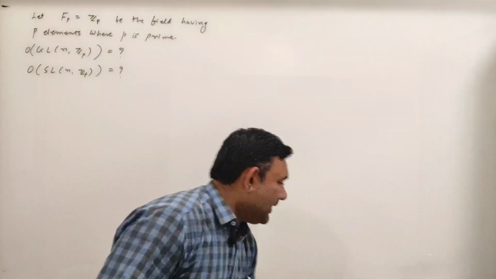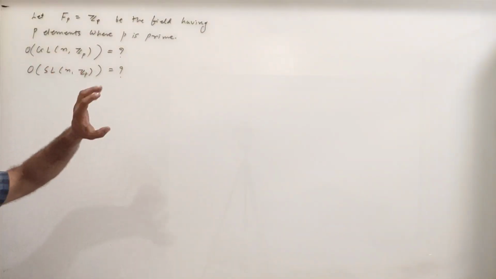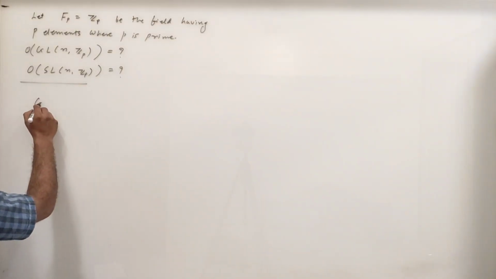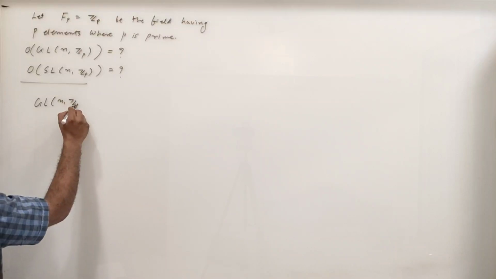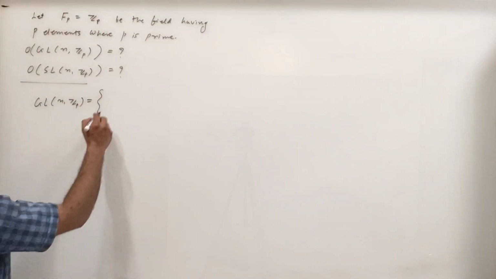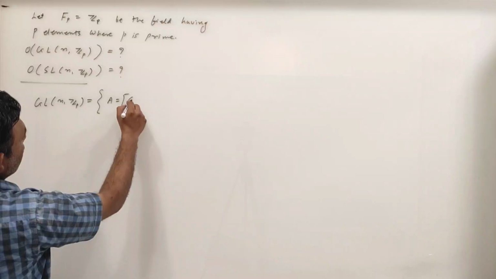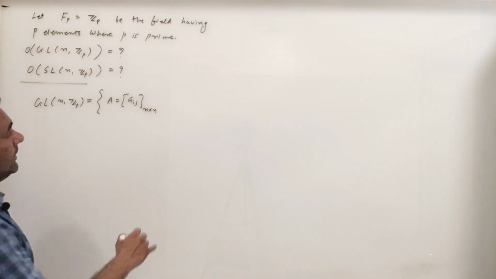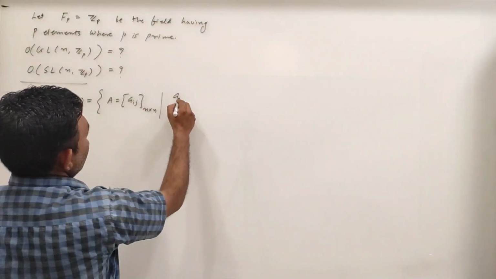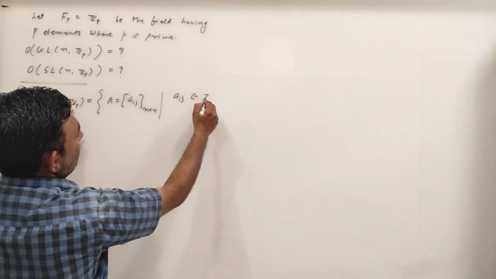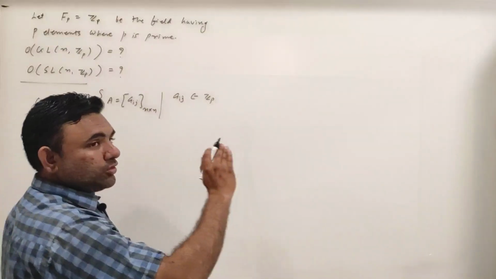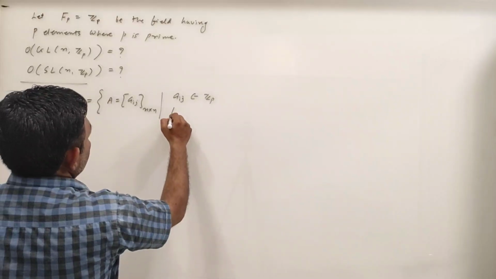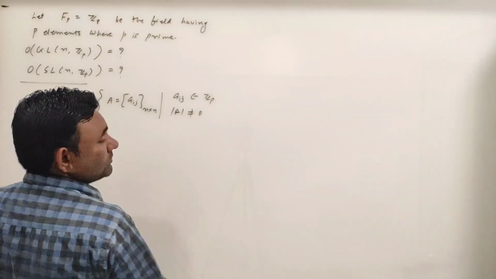Okay. So before going into that, let us see how GL_n(Z_p) will look. So GL_n(Z_p) is what? It is the collection of matrices (a_ij) of order n by n, such that each a_ij comes from Z_p, and Z_p is {0, 1, 2, up to p minus 1}, and the determinant of A is non-zero.